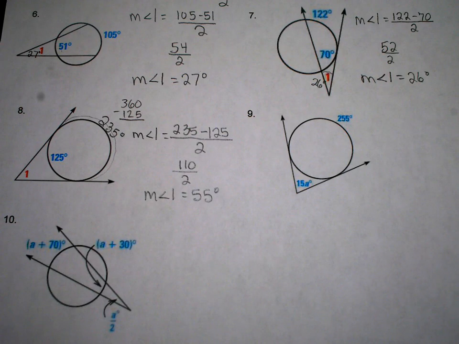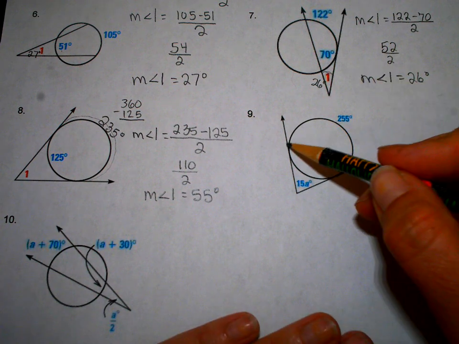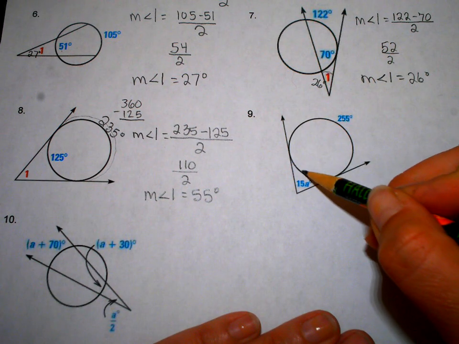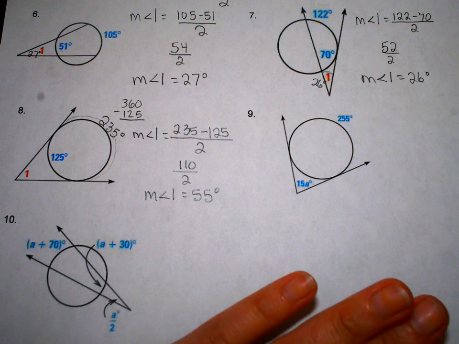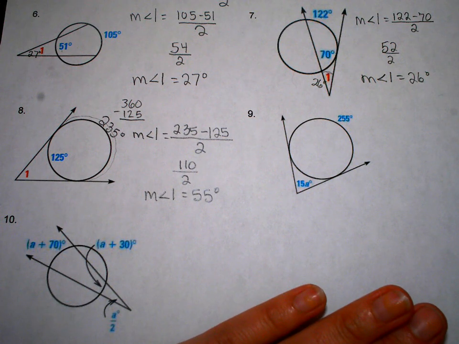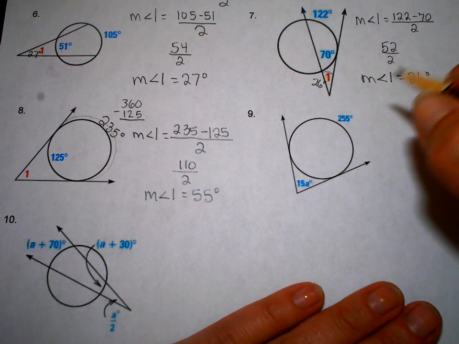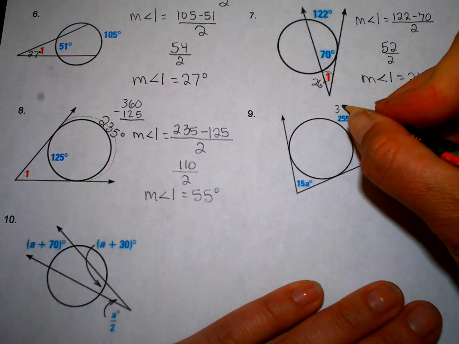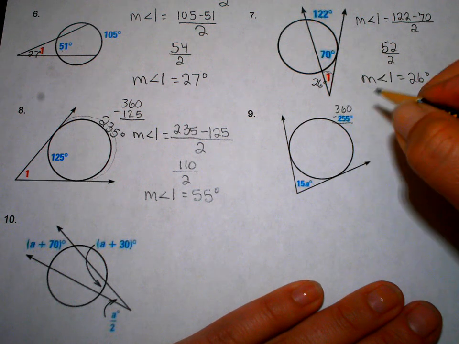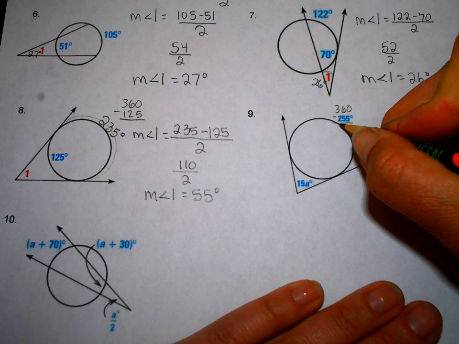So far, so good. Number 9. Okay. I know that this is 255. I don't know this, but I can do the same process to figure out 360 minus 255, 105.